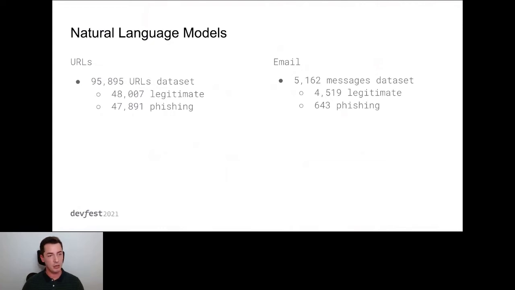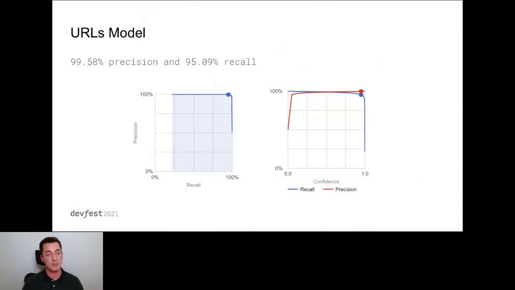For the URL model, once we received the result from that training, it was 99.58% precision and 95.09% recall. To get an idea of how ready the model is, AutoML uses precision and recall.